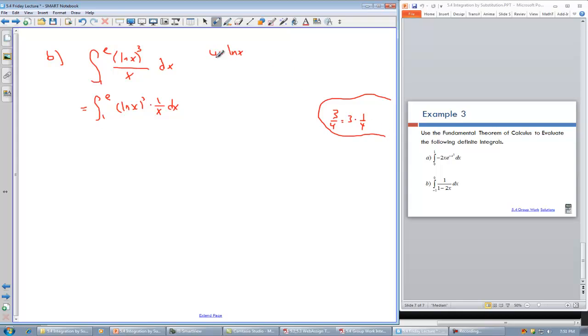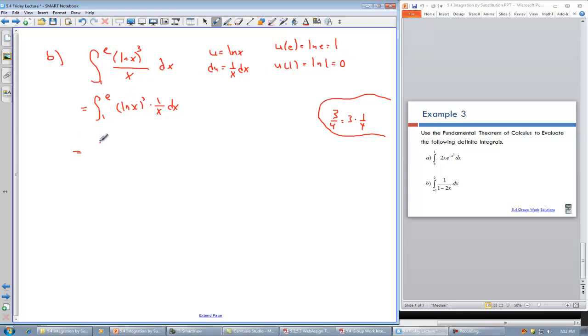And now if u is ln x, of course du is equal to 1 over x dx. Don't forget to change your limits of integration. So u of e is equal to ln e, which equals 1. And then u of 1, the lower limit, is equal to ln 1, which equals 0.